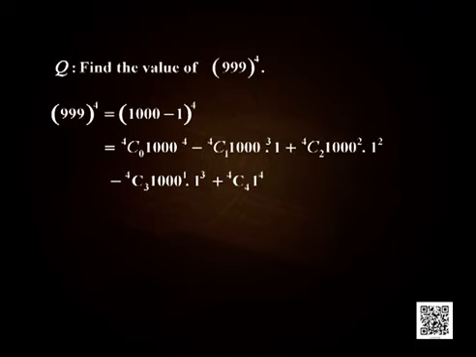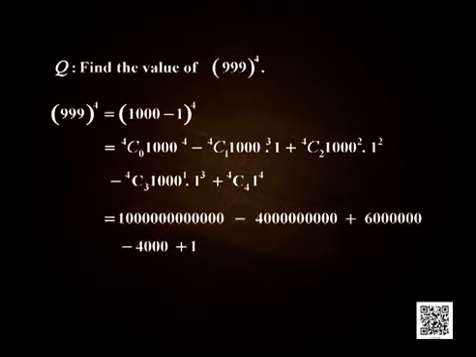Now, just take another minute or two to evaluate each of these terms, that is mainly you need what is 4C1 and 4C2 and 4C3, and then multiply with these numbers and you have 5 terms which add and subtract and give you a big number, more than 900 billions.